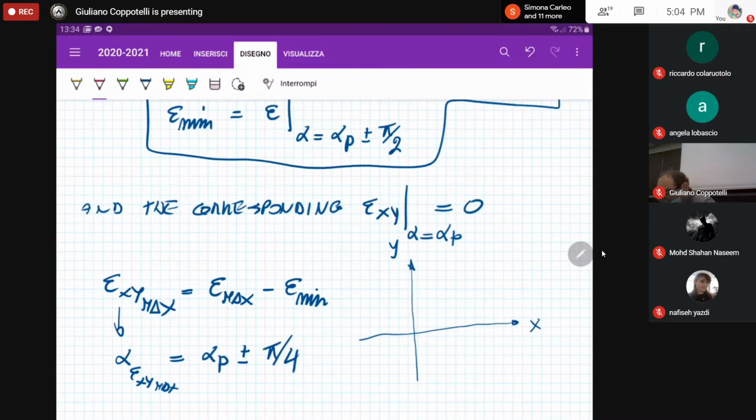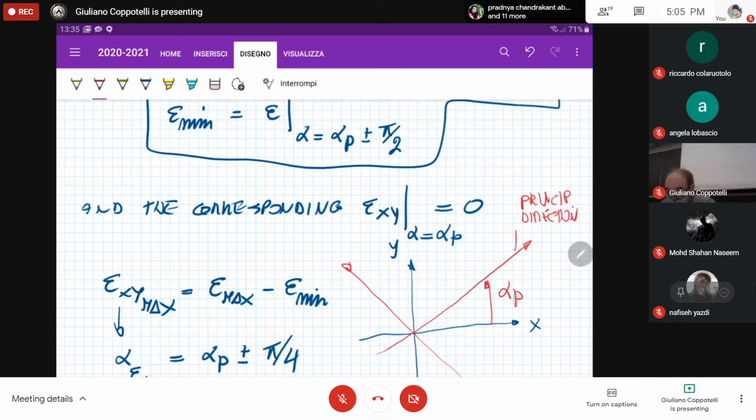Let's assume this alpha p to have this value. So here we have the principal direction for the strain.